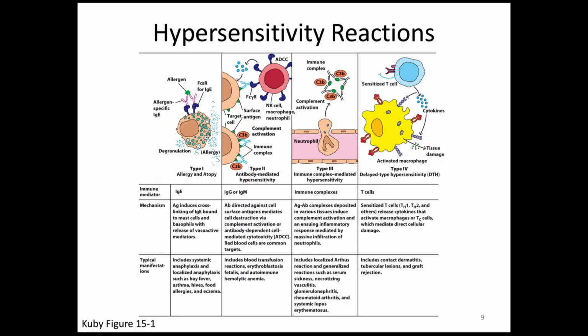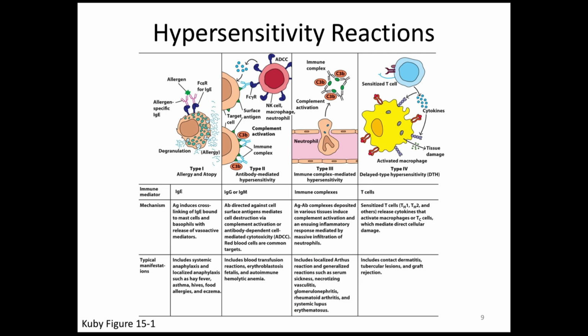So it's not all antibodies for all of them. There are specific antibody situations for 1, 2, and 3, while number 4 is T cells. And so you can also see the different mechanisms described here. And you can also see the typical manifestations, so situations where these things happen, diseases that involve these particular types of hypersensitivity reactions. And so we'll be coming back to this a few times as well.